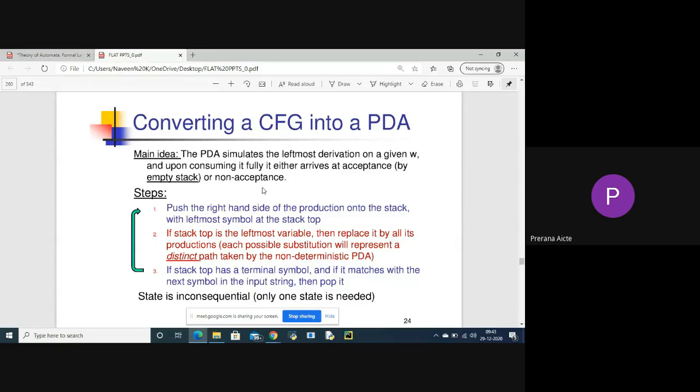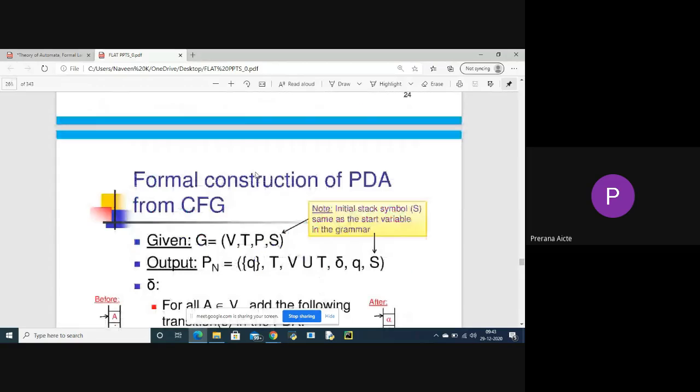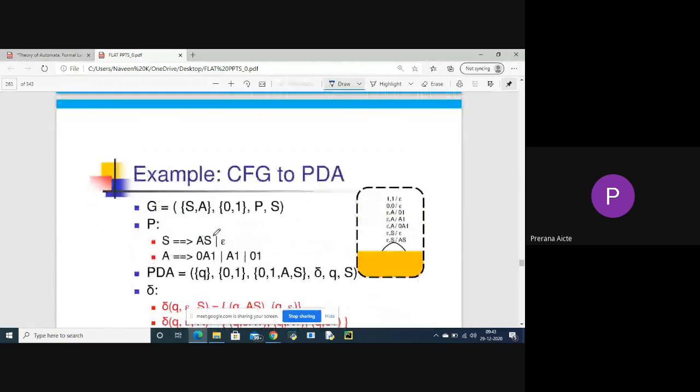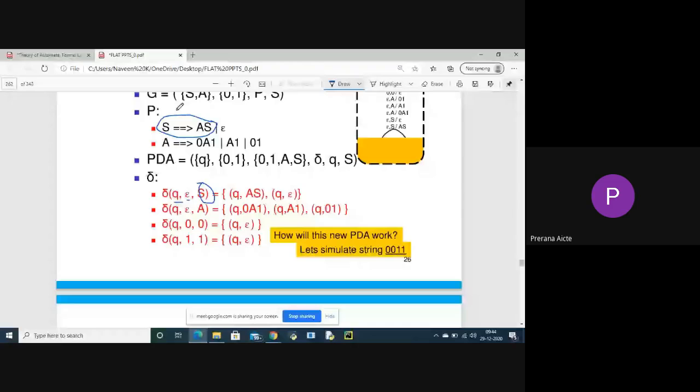There is a procedure for conversion of CFG to PDA. If we have the production in the form of S tends to AS, here the production is delta of Q comma epsilon comma S, where S is the starting symbol, equal to Q comma AS.